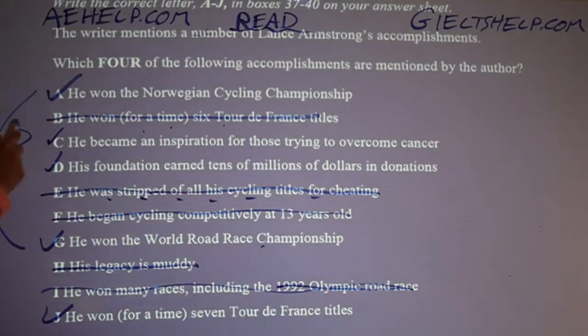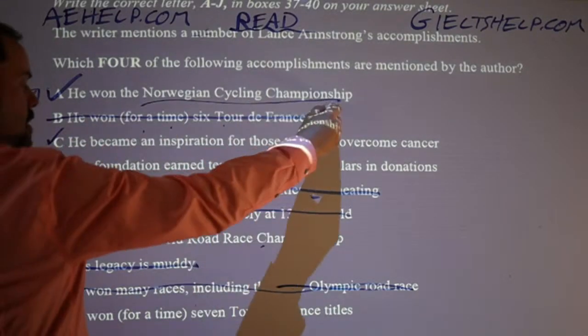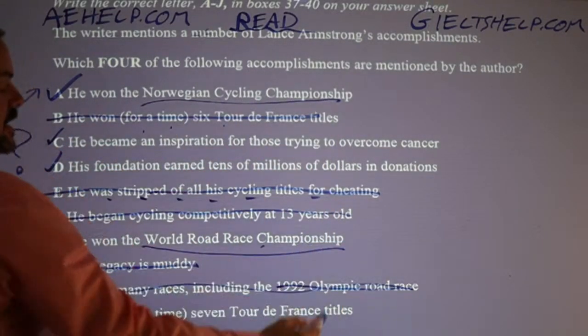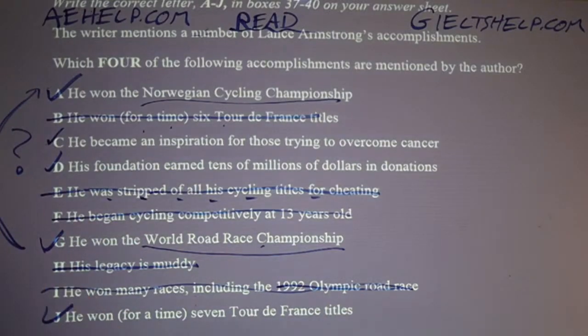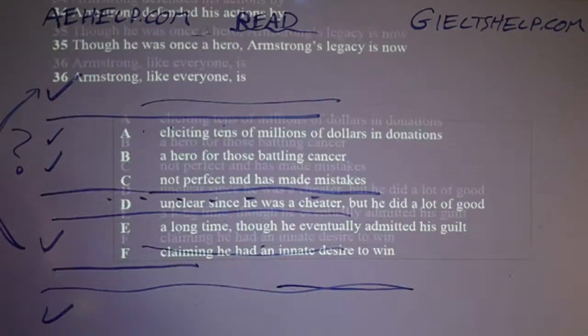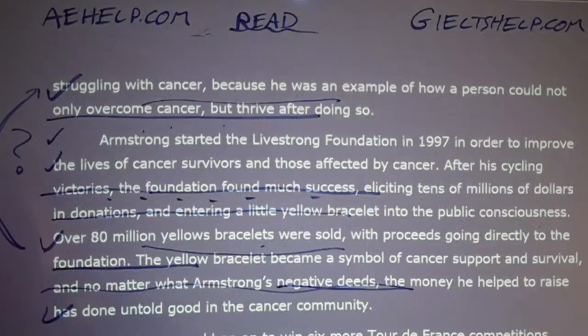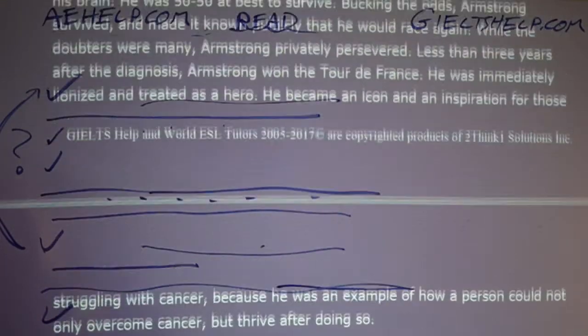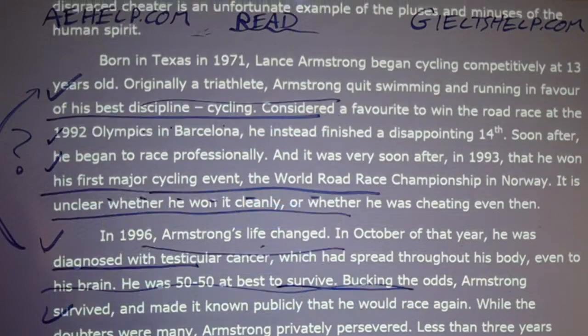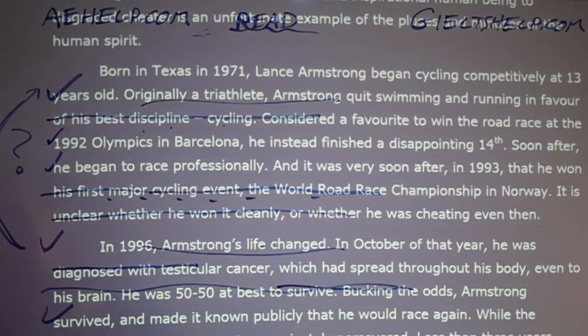So right now I have 1, 2, 3, 4, 5. And the two that I'm not sure of are the Norwegian, or the World Road Race, because I know it can only be one of them. So I'm going to go back and check the text for that one. Okay. And I remember that was in like 1993 or something.